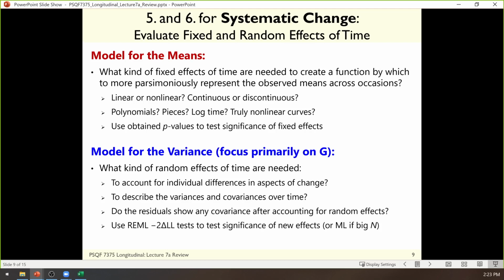Do they start out at different places? Do they grow initially at different rates? Do they differ in how they slow down in their growth? Each aspect of the trajectory as defined by the fixed effects can vary across persons. So we're asking, which of those growth terms do you need to make random in addition to fixed?